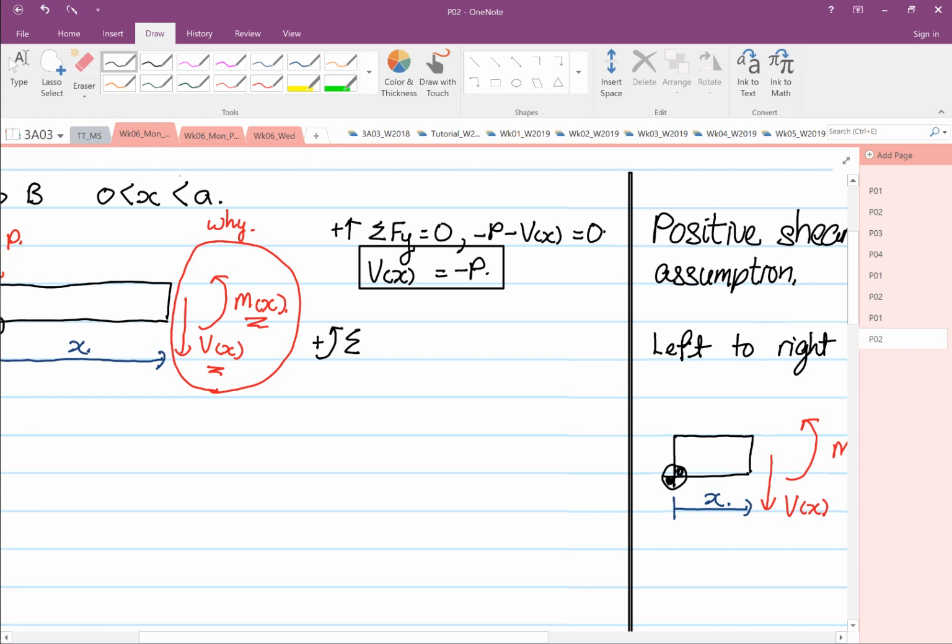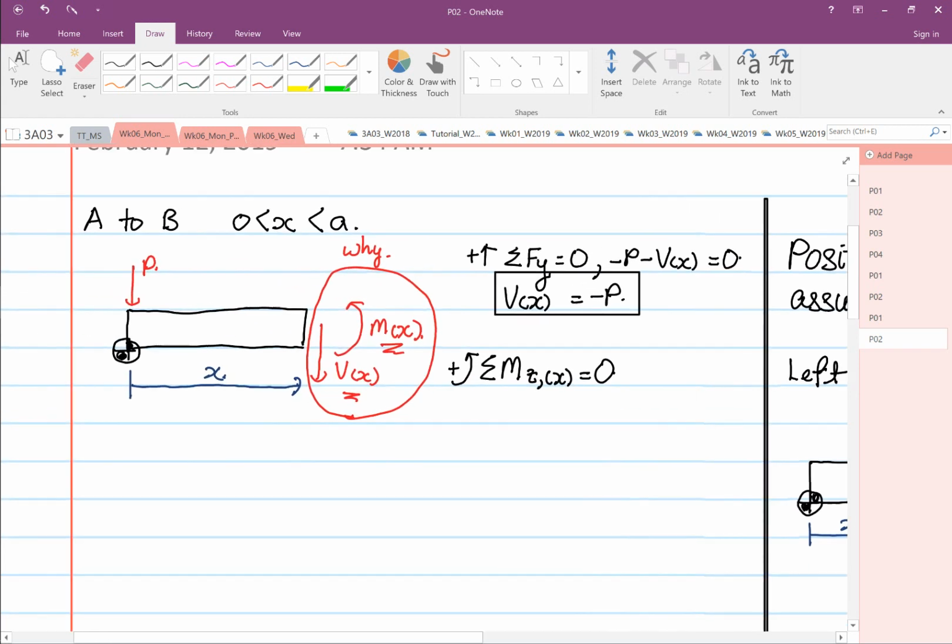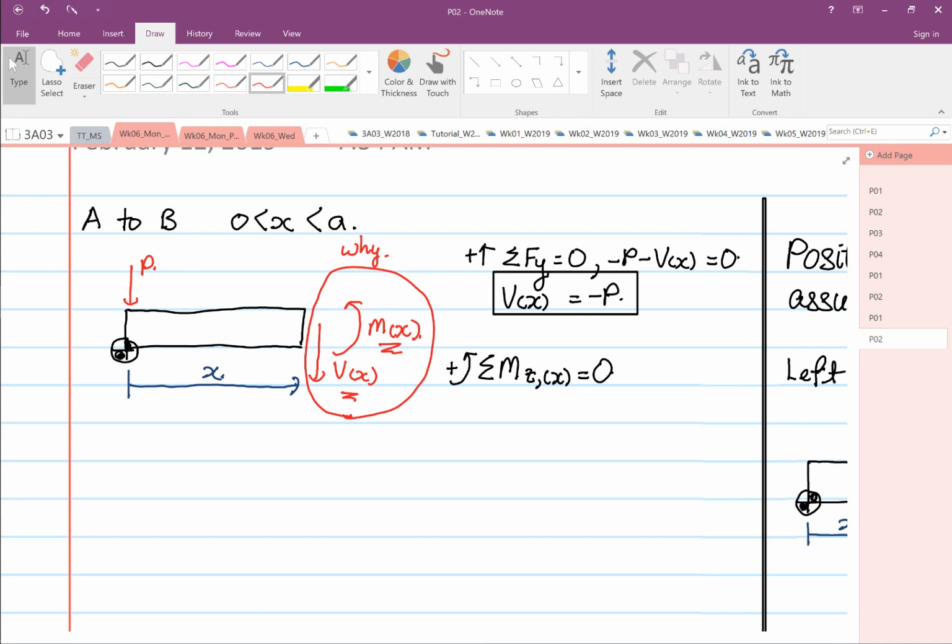And then summation of moment in the z direction anywhere at point x is equal to 0. So what does this mean is we are taking our moment at the red dot. Okay, so moment taken from here.